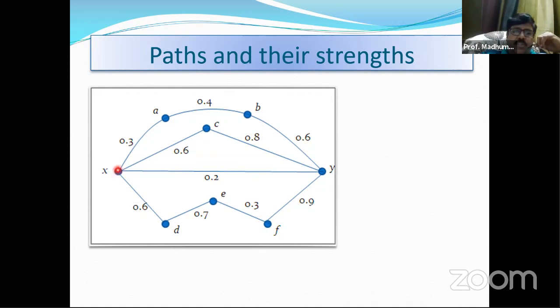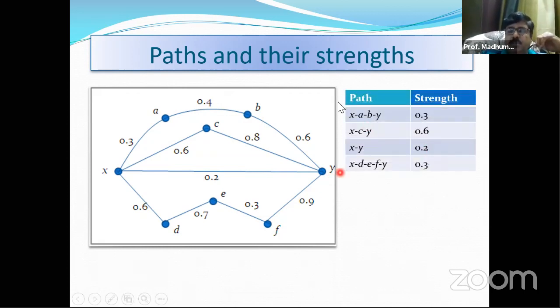Now, if we consider the path x to a to b to y. There are four different paths from the vertex x to the vertex y. So this is one path, x to a to b to y. And what is the strength of this path?